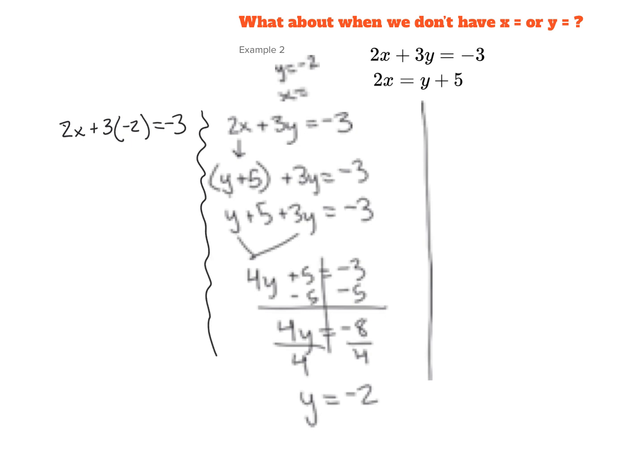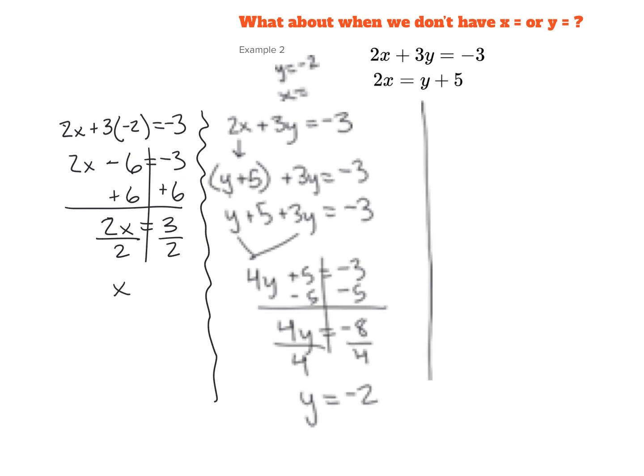I'm just going to go like this really quick. Okay, 2x plus, in this case it's going to be negative 6. I'm just going to go minus 6 equals negative 3. I'm going to add 6 to both sides, and I get 2x is equal to positive 3. Dividing by 2 on both sides, and I get x is equal to 1.5.